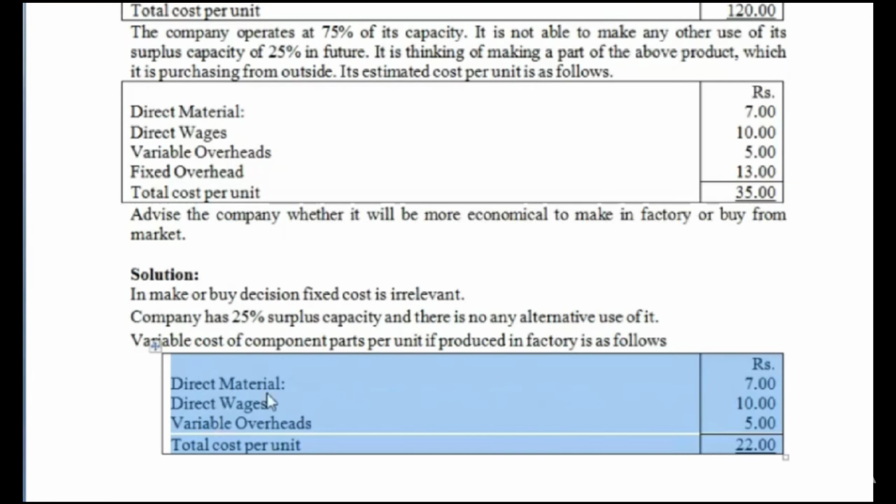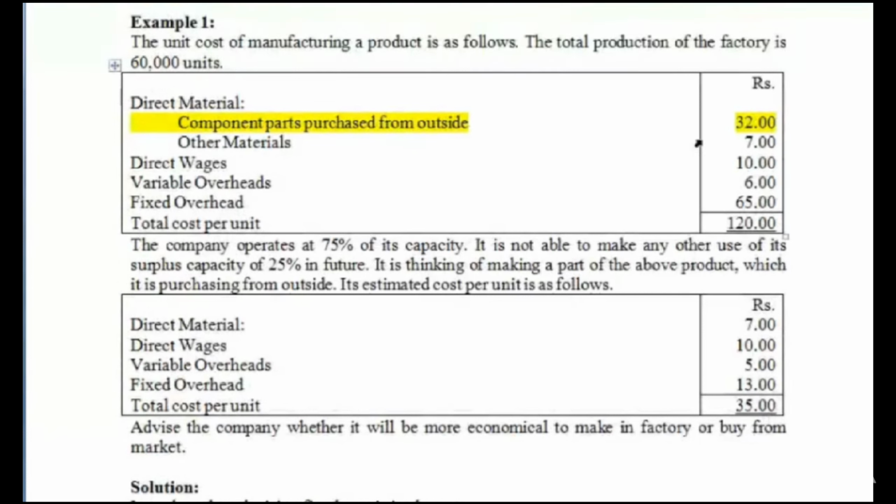Direct material is 7, direct wages is 10, variable overhead is 5, and total cost becomes 22. Right? So your manufacturing cost is 22 rupees, and you are presently purchasing from the outside at rupees 32.